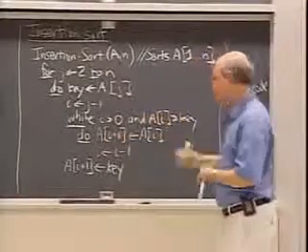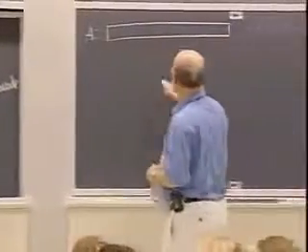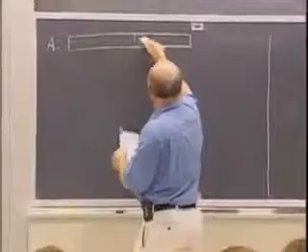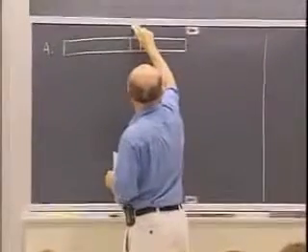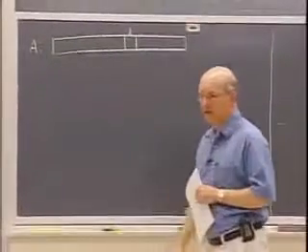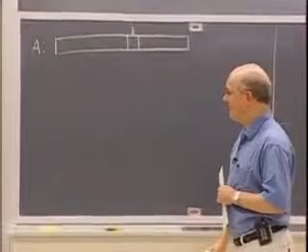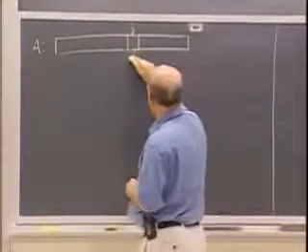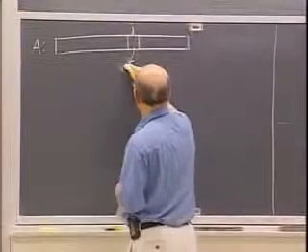So if we look at any point in the algorithm, we essentially are looking at some element here, j, A of j, the jth element. And what we do is we pull a value out here that we call the key.